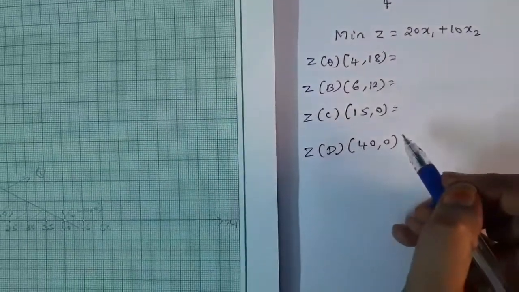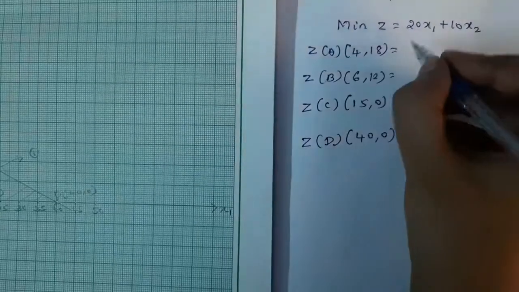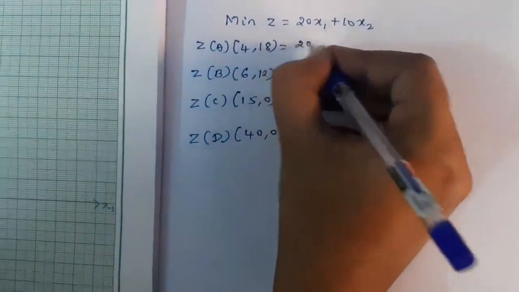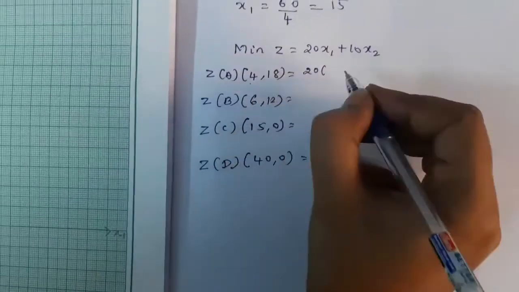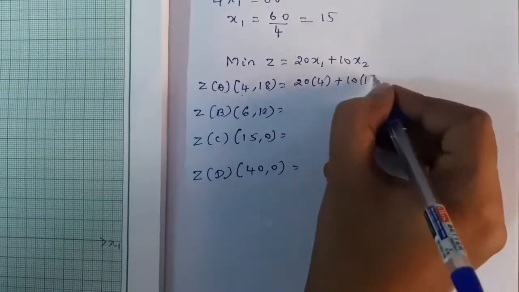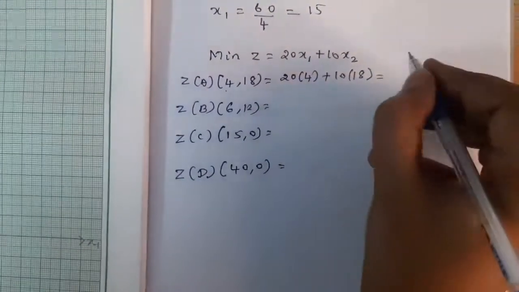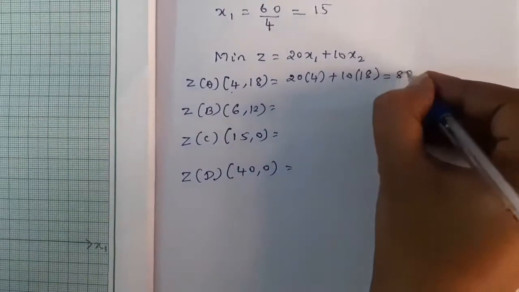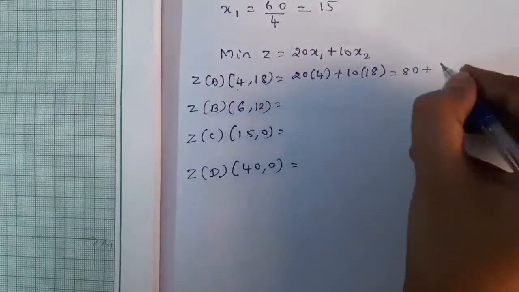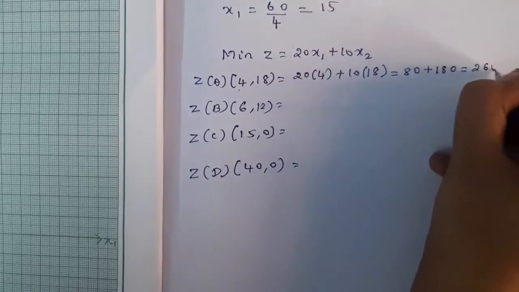So substitute all these values in the objective function. The first one: 20 into the x1 value, which is 4, plus 10 into the x2 value, which is 18. That is 20 into 4, 80, plus 10 into 18, 180. So that is equal to 260.